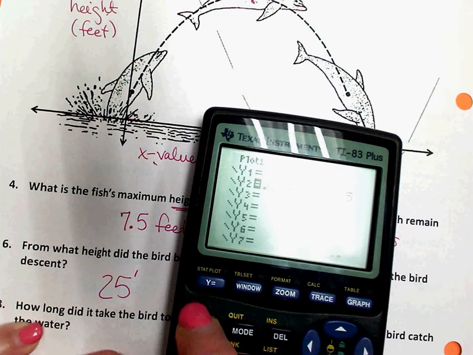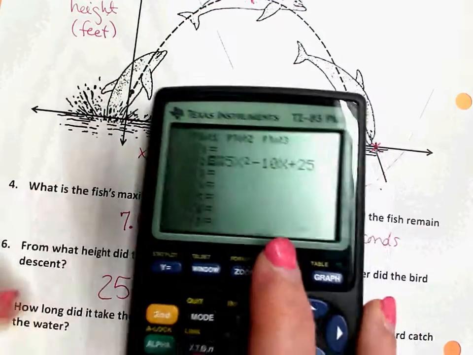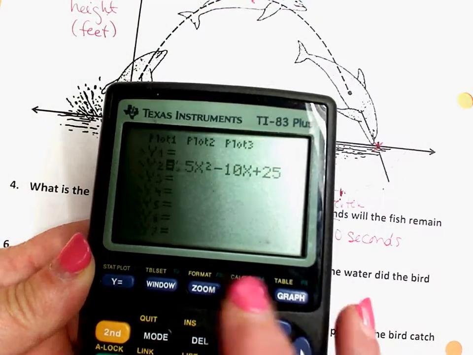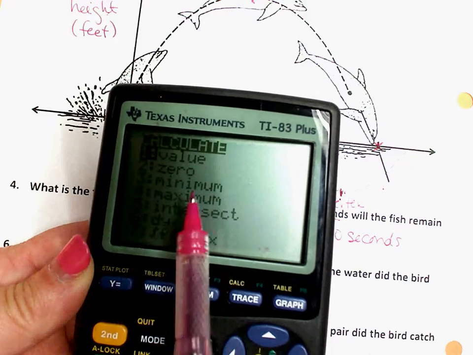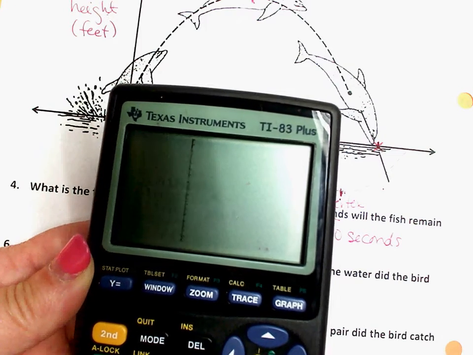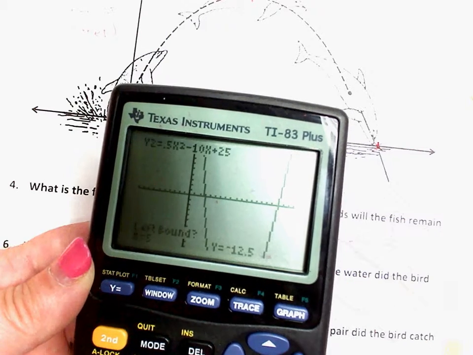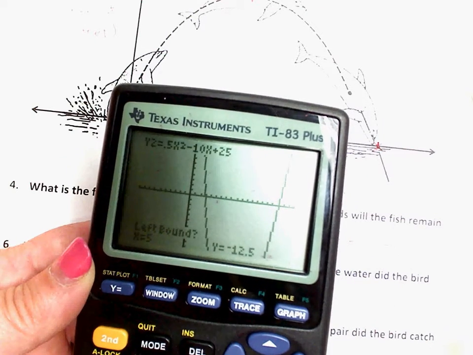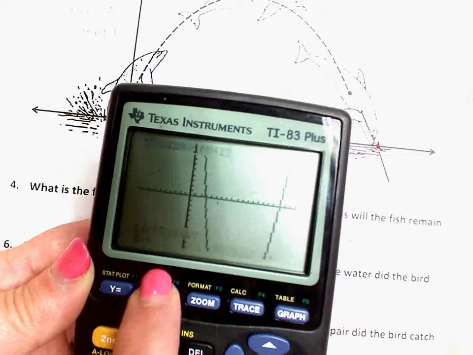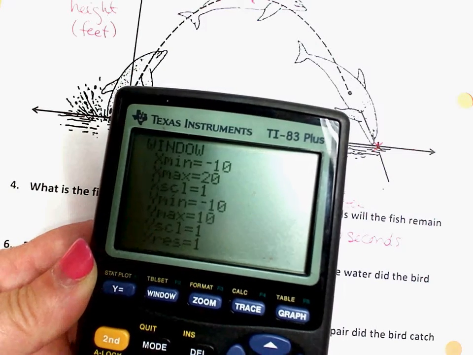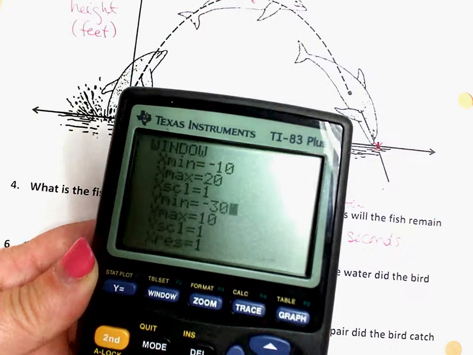Second trace, and his vertex is a minimum, so 3, and I really need to see it, so I'm going to change my y minimum, and instead of being at -10, I'm just going to go down to -30 and make sure I get it on the first try.